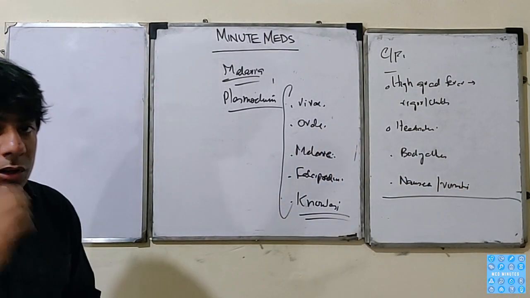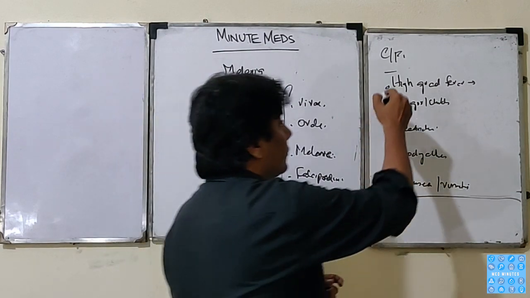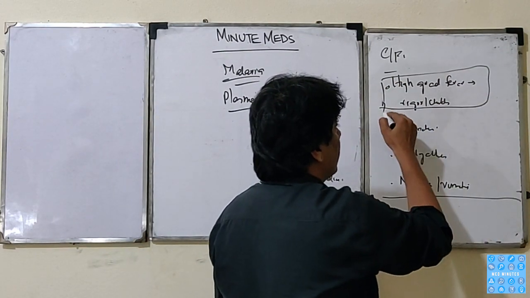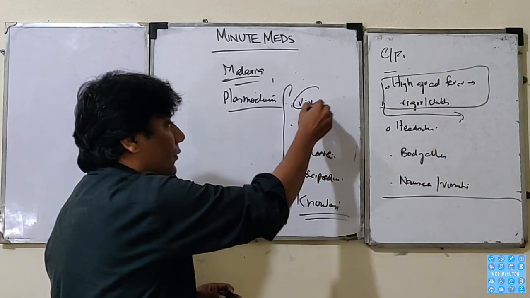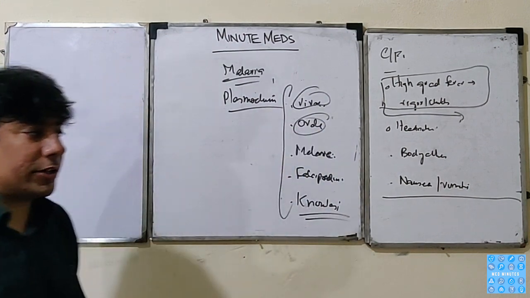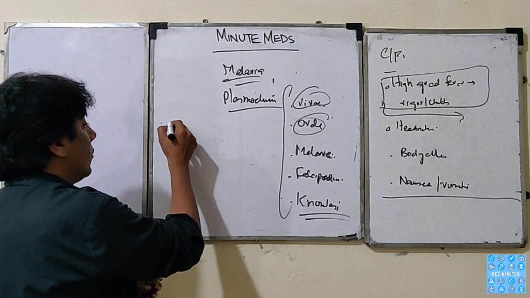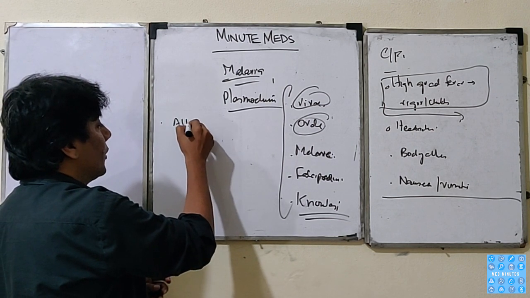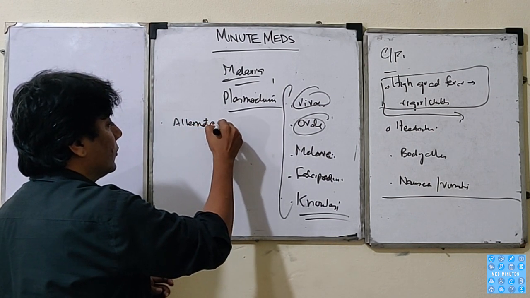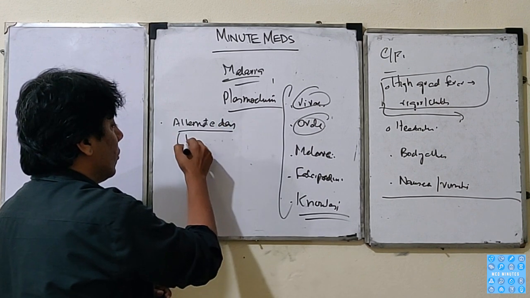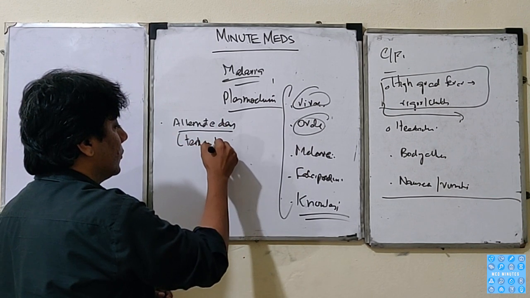Now here, the pattern of the fever gives a clue about the type of the strain that is infecting. So in the cases, if the fever comes on every other day, on every alternate day, it's called tertian fever.